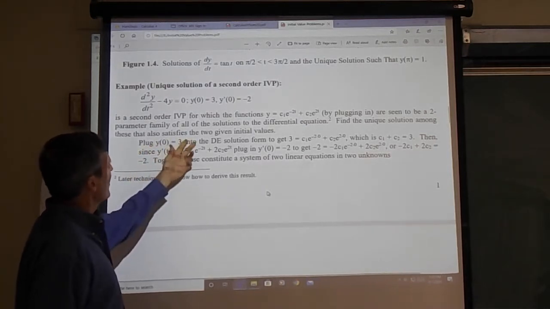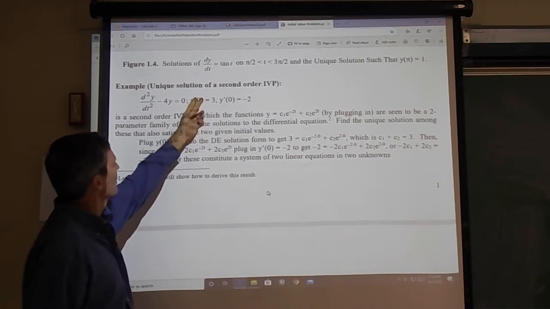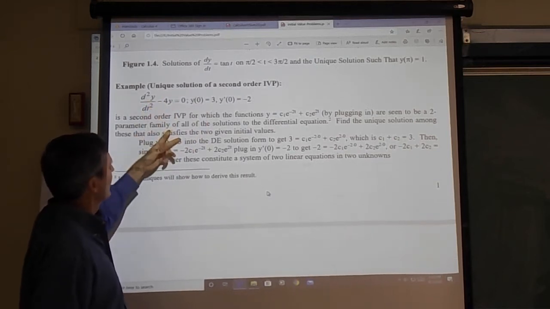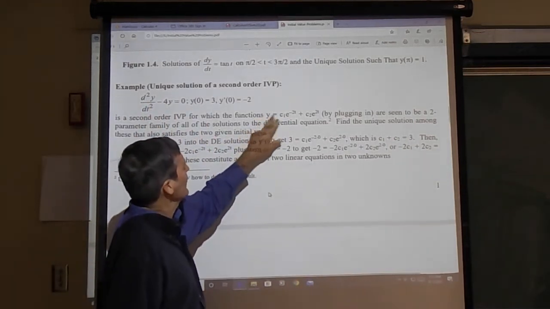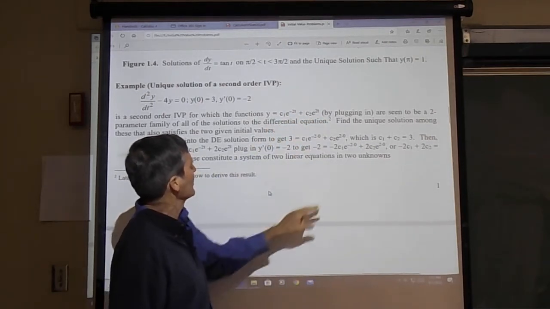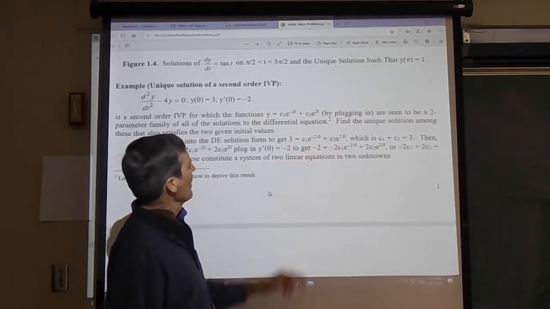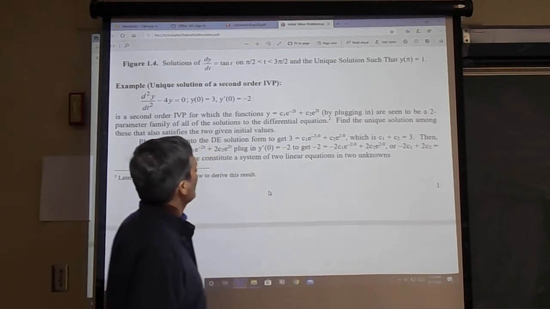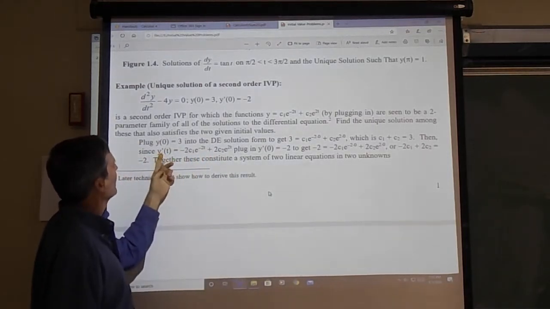But we plug in both initial conditions. We plug in y of 0 equals 3 into this proposed solution. So we put 3 equals c1 e to the 0 plus c2 e to the 0. Here it is. And that gives c1 plus c2 equals 3. One equation for c1 and c2. Then we plug in y prime.